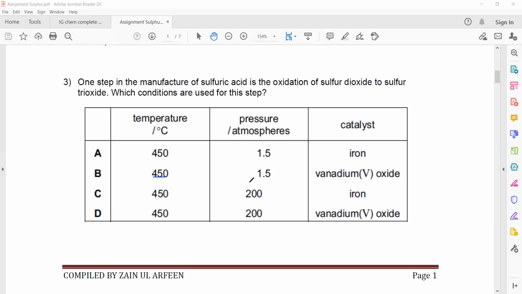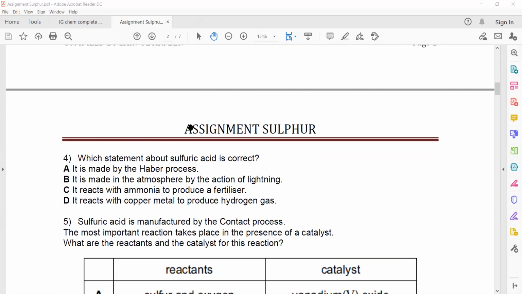Temperature around 450, pressure 1.5, and vanadium pentoxide is a catalyst. So B is the right answer.